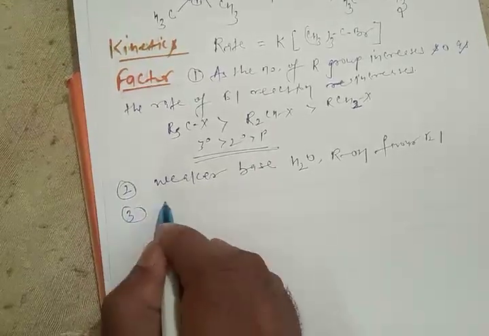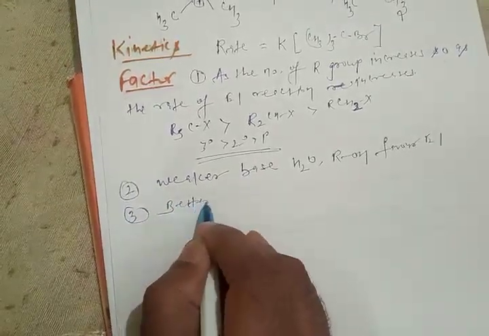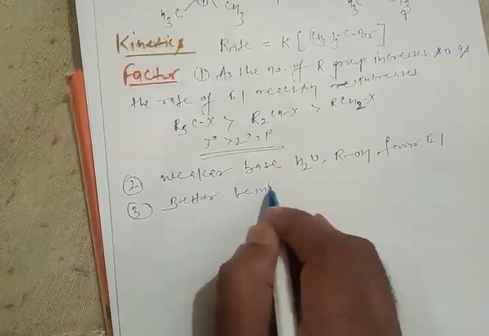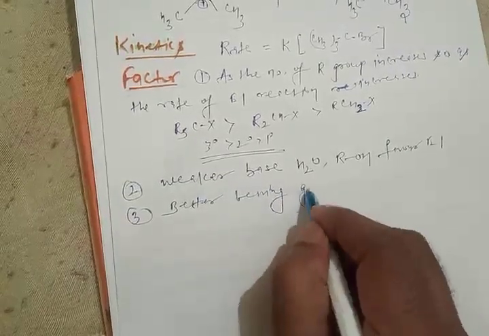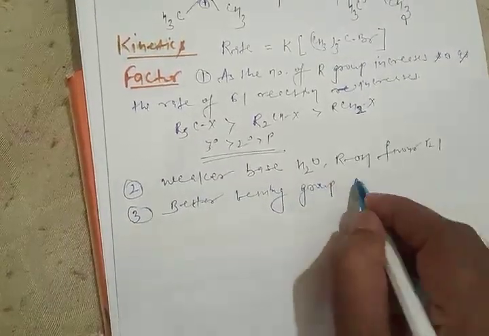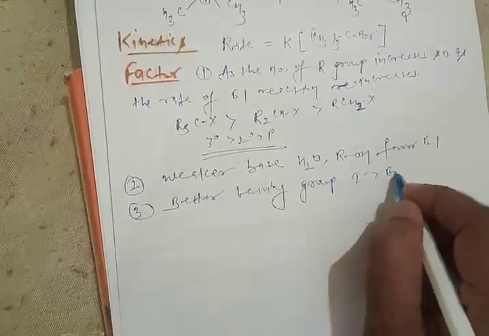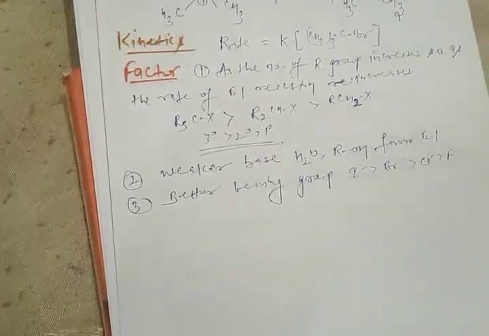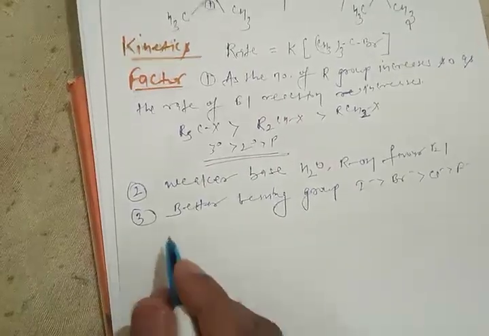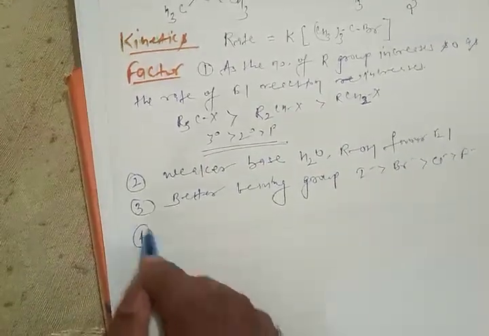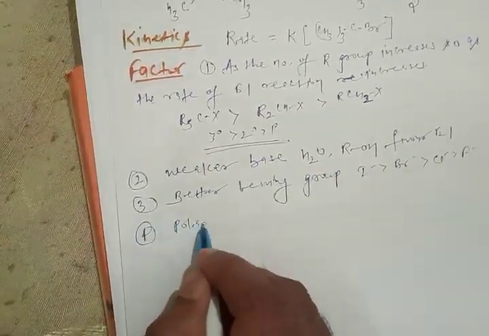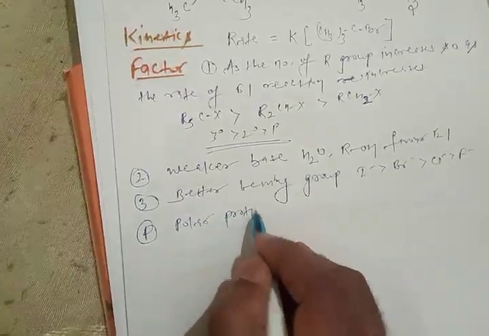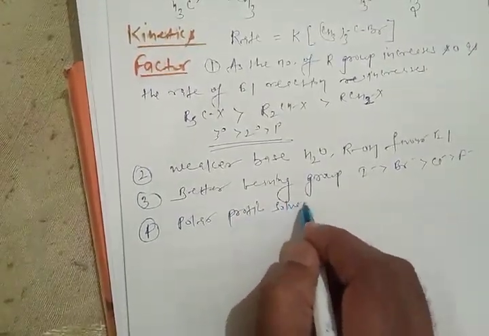Third, a better leaving group. We know the better leaving groups in order: iodine, bromine, chlorine, fluorine. The fourth one is a polar protic solvent.